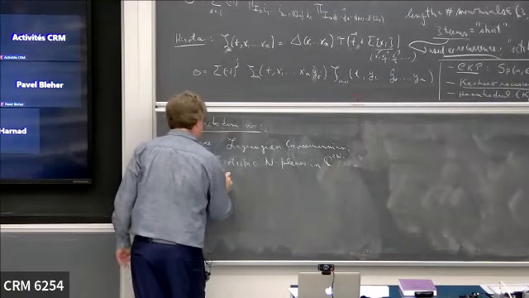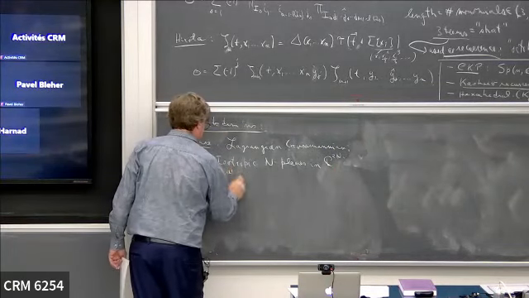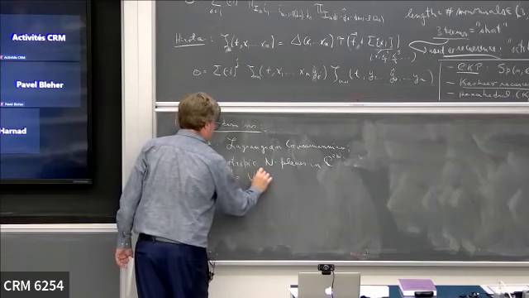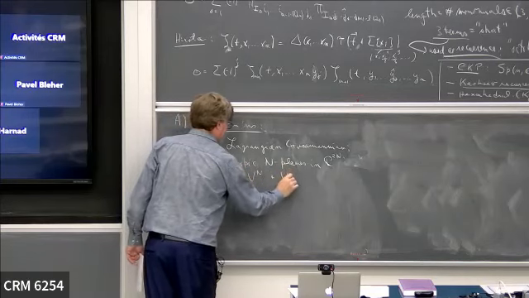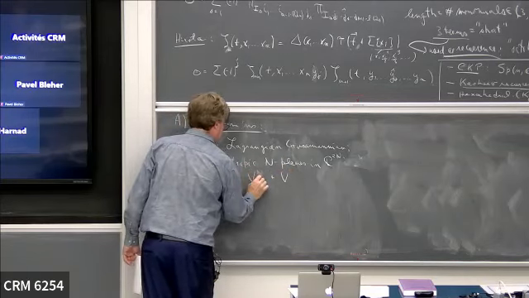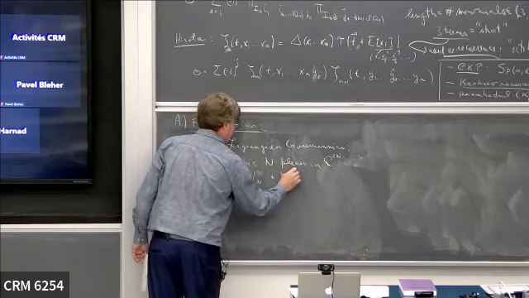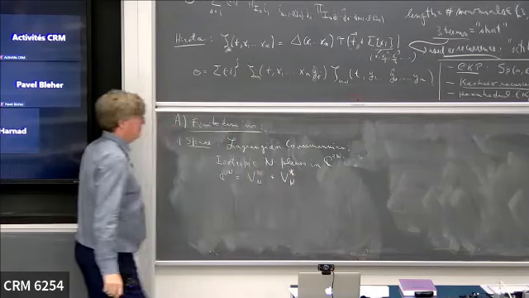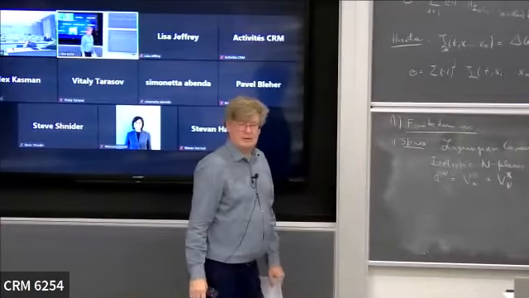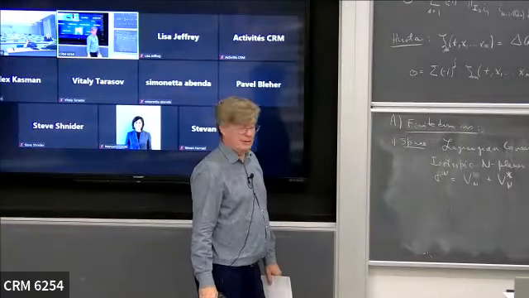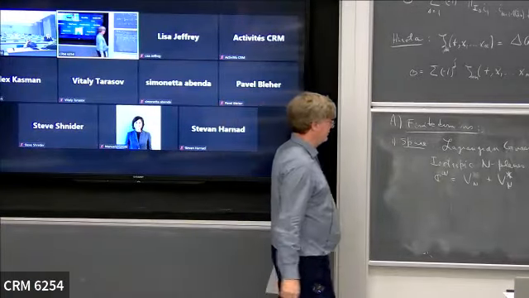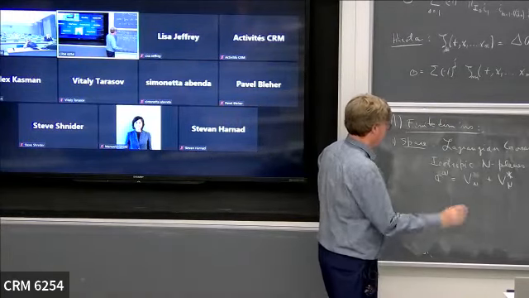So C^2n is going to be V_n plus V_n star. Isotropic means that it's completely null. Any pair of vectors in this plane pair to zero.